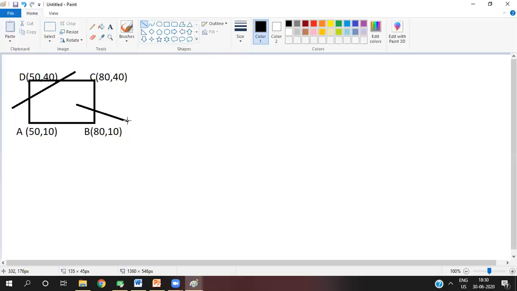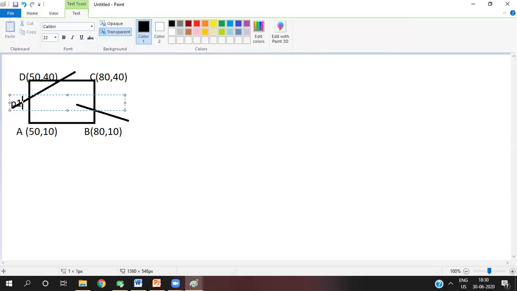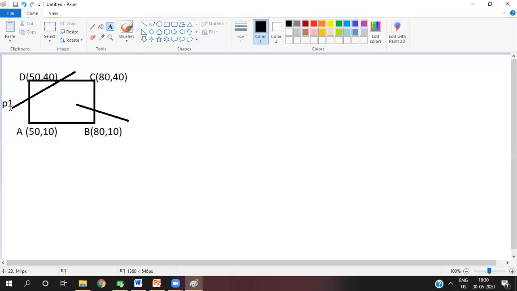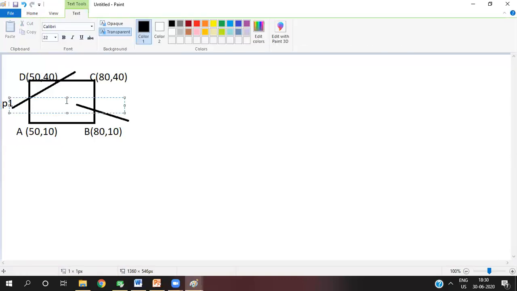This is the line. Okay, just give names to a line. P1, here it is P2.